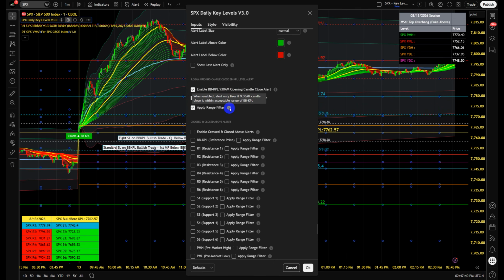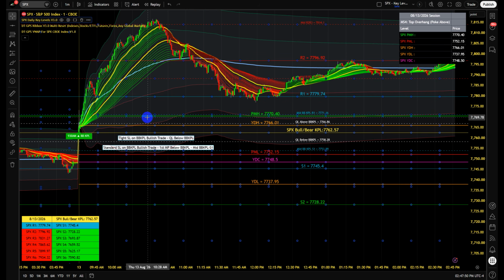The range filter will enable the alert only to fire if the 9:30 a.m. candle close is within acceptable range of the BBKPL. So this is a special alert for the 9:30 a.m. open to give you an alert for the initial bias of the session.